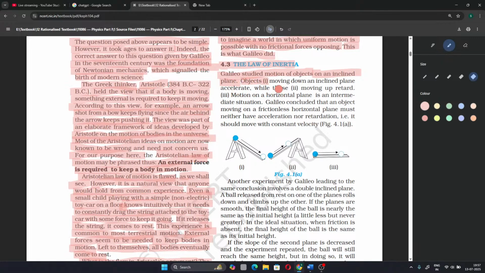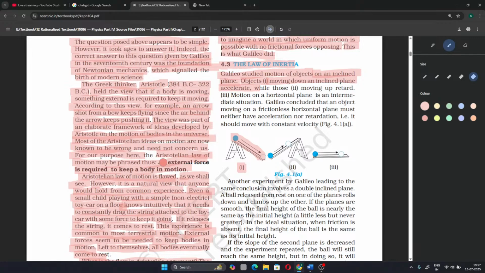First thing he studied: objects moving down an inclined plane accelerate. Basically, when things are moving down an inclined plane like this, where the ball is moving down, they accelerate. Accelerate meaning they do not go in uniform motion.